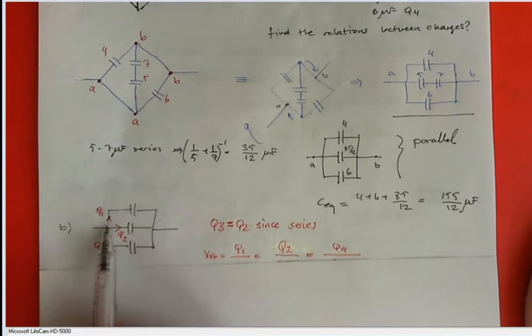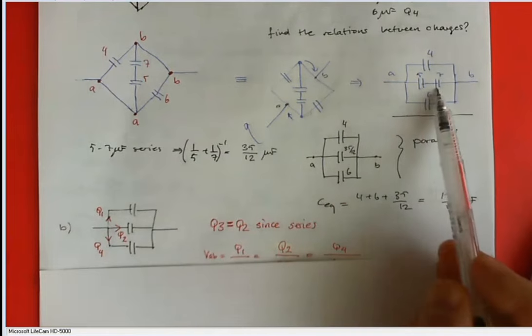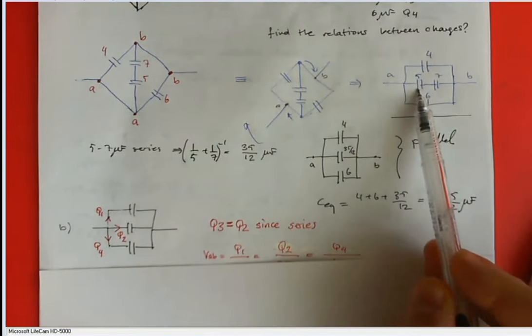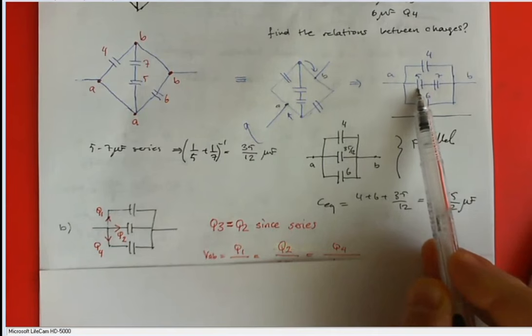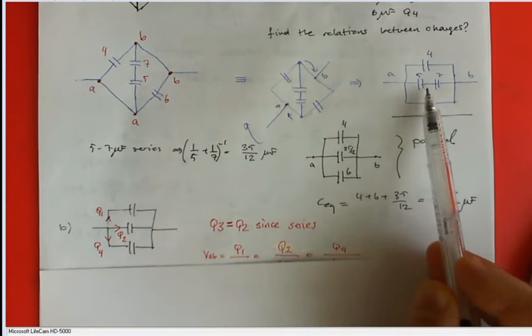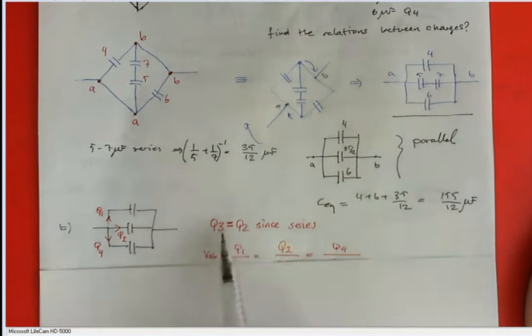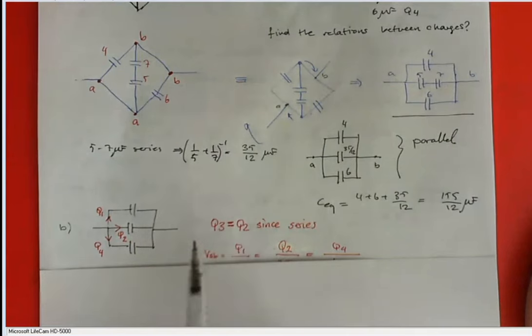It will be Q1 going in here, Q2 and Q4. Since these are in series, whatever the charge here will be the same charge here. So if I call this Q2 and that is Q3, those two will be equal to each other.